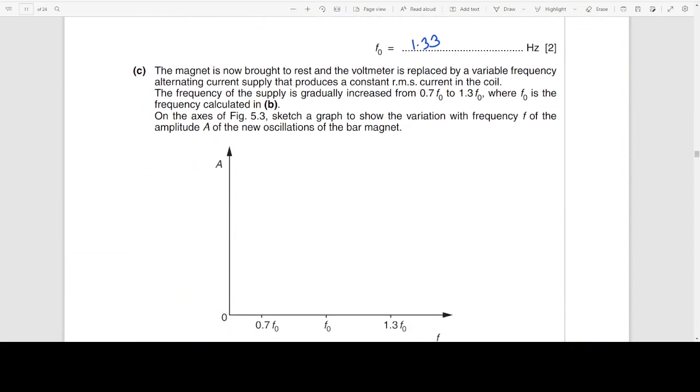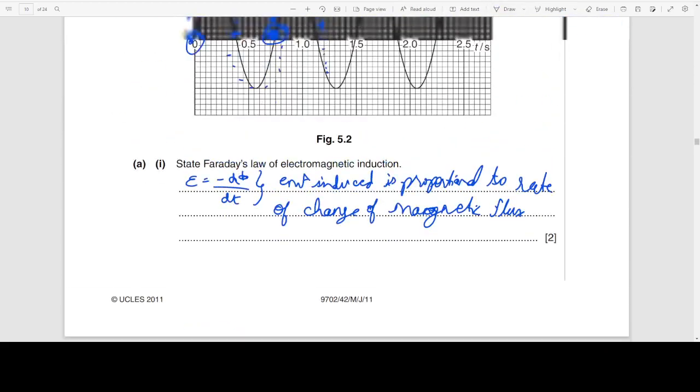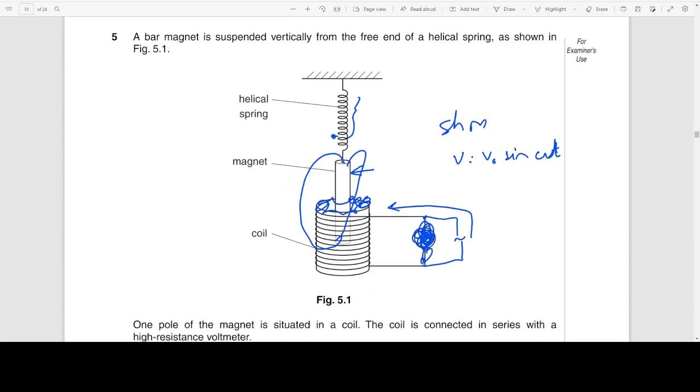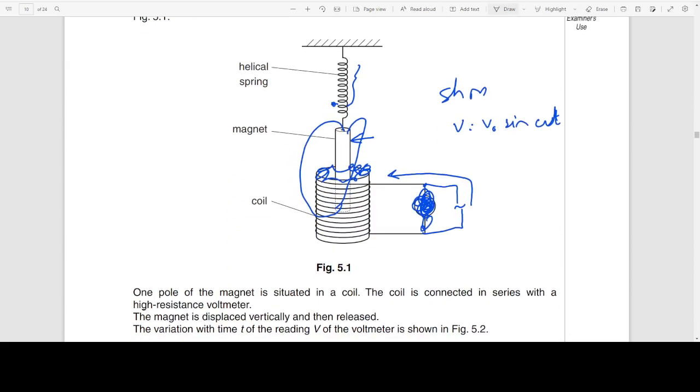What we have to answer is completely different. The frequency of the supply is gradually increased. So, guys, we can just use the resonance concept that we had in the oscillations chapter. This magnet will already be oscillating up and down due to the force from the interaction of the magnetic fields, the motor effect.